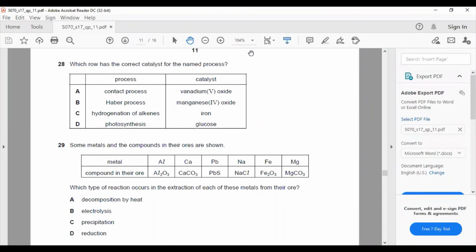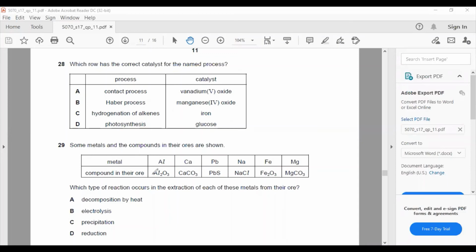Contact process, you have vanadium 5 oxide. Fortunately, A is the correct answer. Haber process, you have iron, hydrogenation of alkene, you have nickel, photosynthesis, this is wrong. So A is the answer.